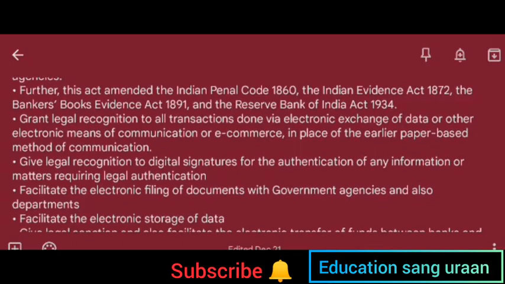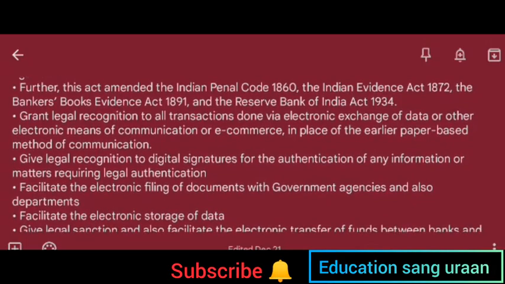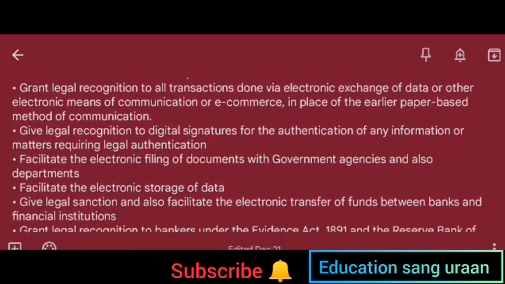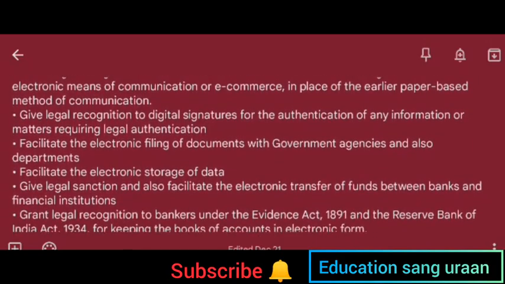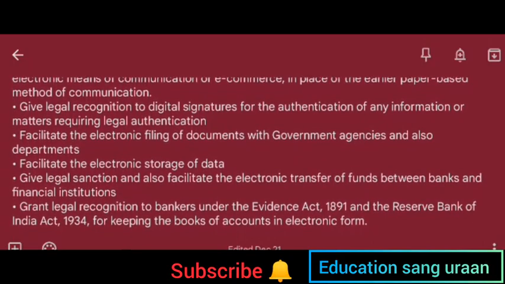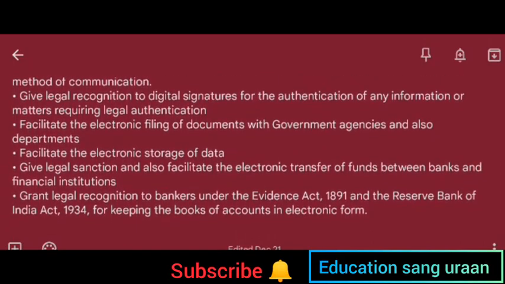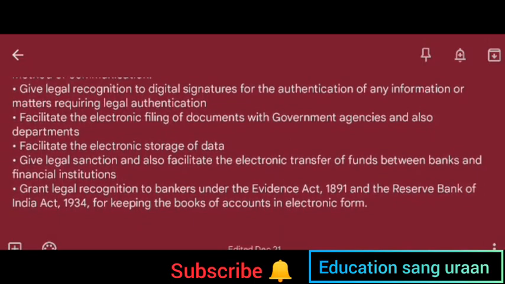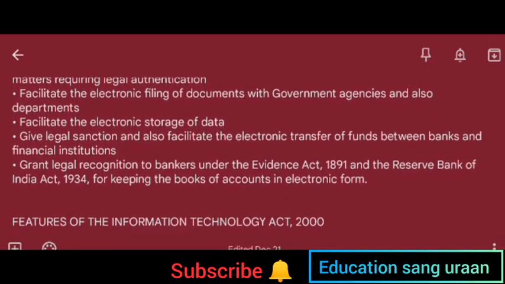It grants legal recognition to all transactions done by electronic exchange of data or other electronic means of communication, or e-commerce. In place of the earlier paper-based method of communication, it gave legal recognition to digital signatures for the authentication of any information or matter requiring legal authentication. It facilitated the electronic filing of documents with government agencies and departments.